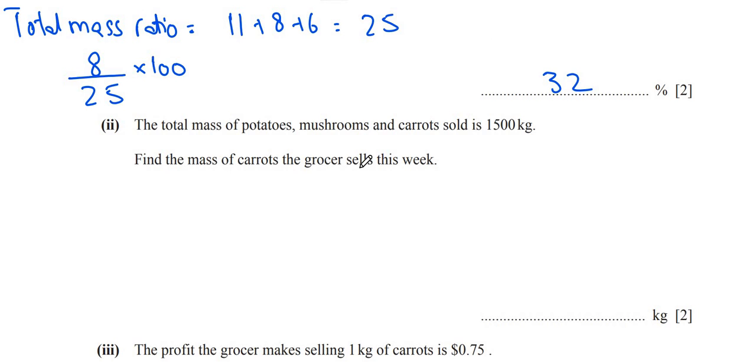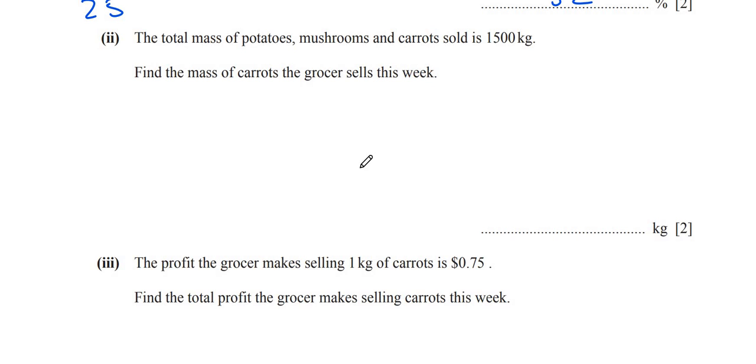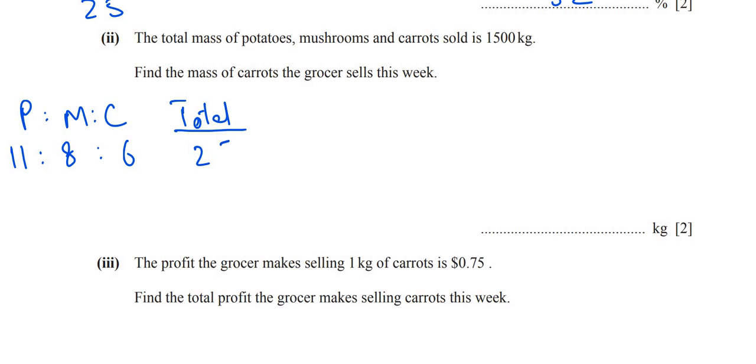Alright guys, moving on to the next question. The total mass of potatoes, mushrooms and carrots sold is 1500 kg. Find the mass of carrots that the grocer sold. So look, potato, mushrooms and carrots are sold in the ratio 11 is to 8 is to 6, and total ratio is 25.